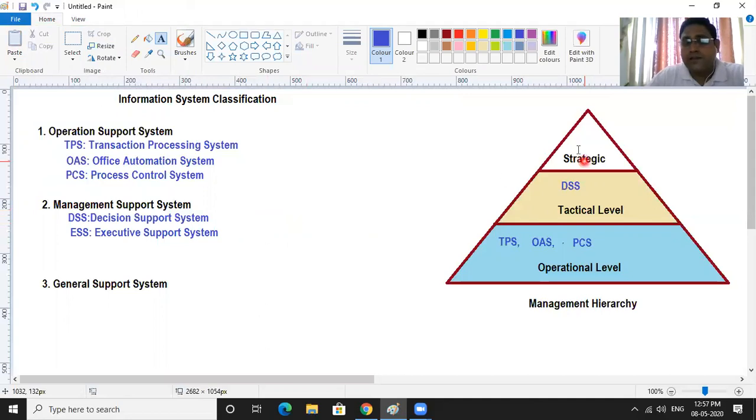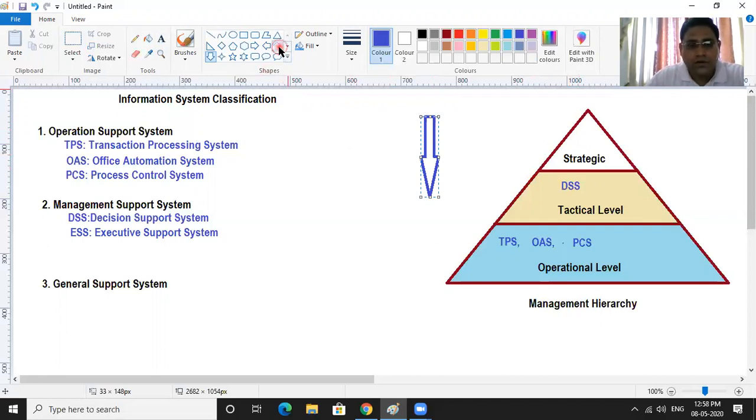Executive support system means the top level, the strategic level, where all the top-notch people, the president of the organization, CMD or MD, the directors, fall in this category. They create a strategy, and the flow of decision goes downwards. They take decisions and flow those decisions downwards.